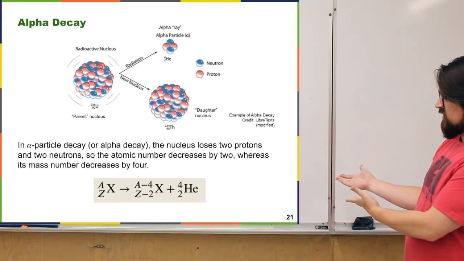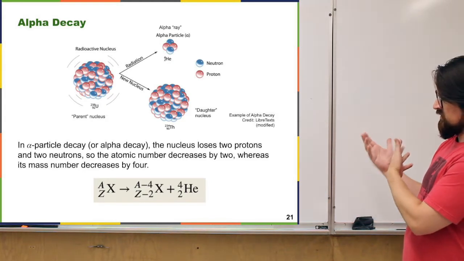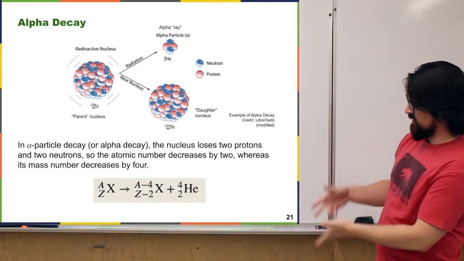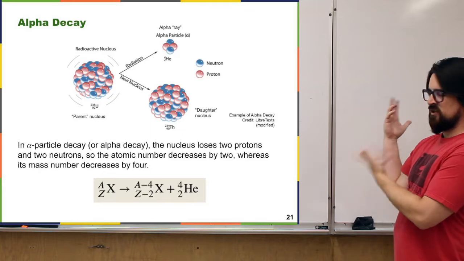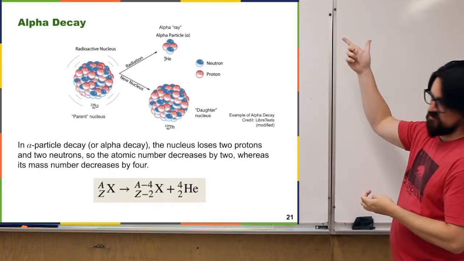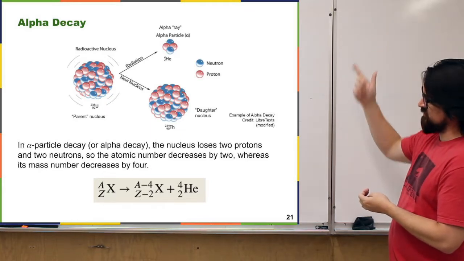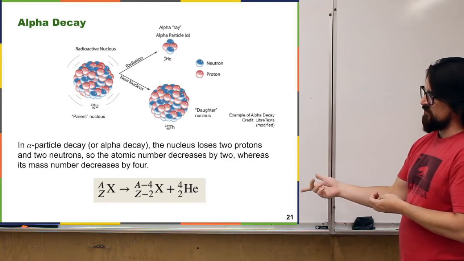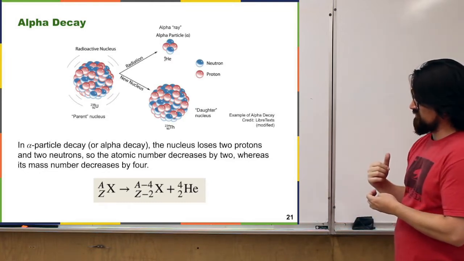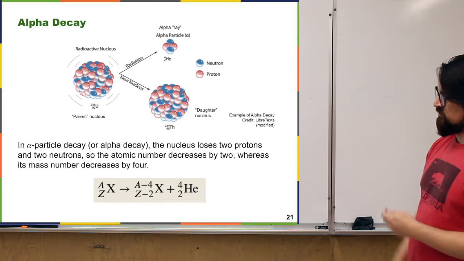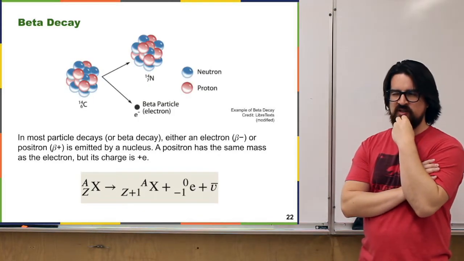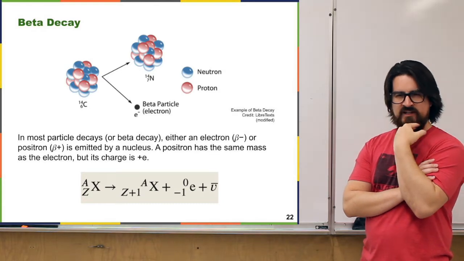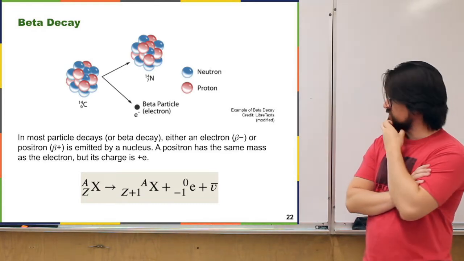We can write it symbolically as our element with an atomic number and atomic mass number becomes a new element with an atomic mass number that's 4 less, because it lost 4 atomic mass units, and its atomic number is 2 less, because it lost 2 protons. That plus the helium nucleus. For beta decay, remember, beta rays can actually be electrons or anti-electrons, positively charged electrons.